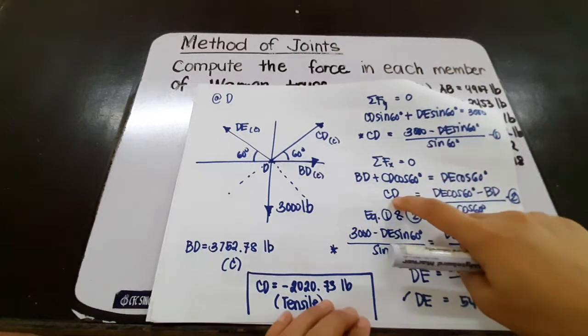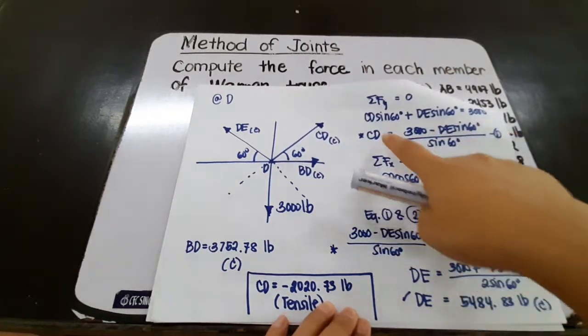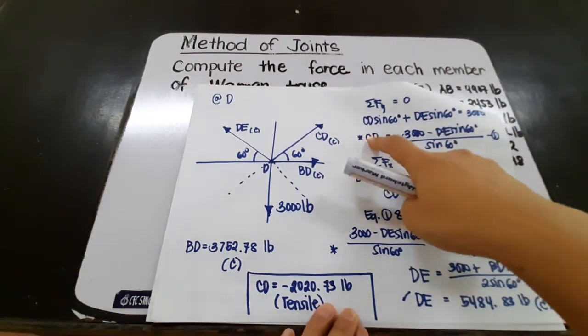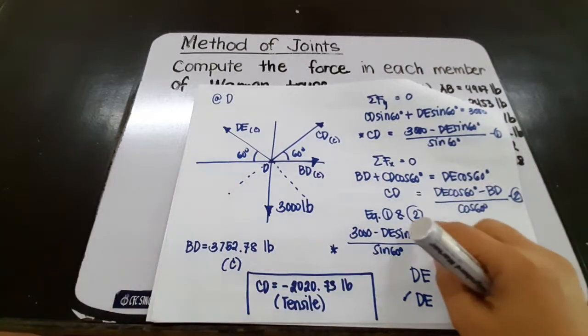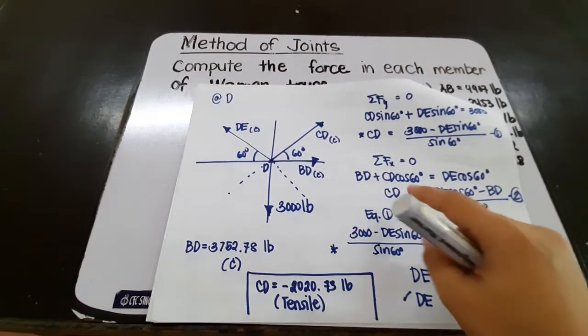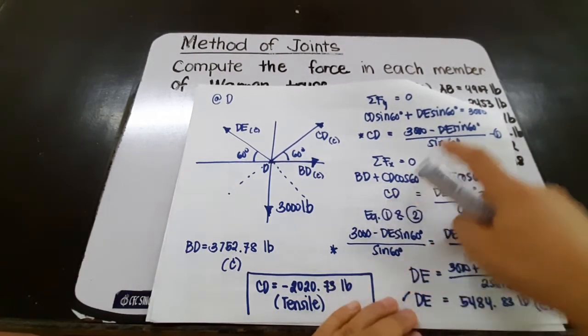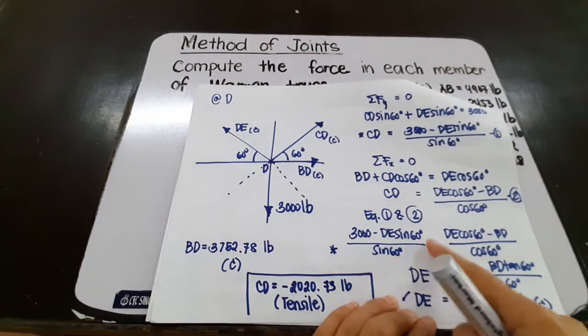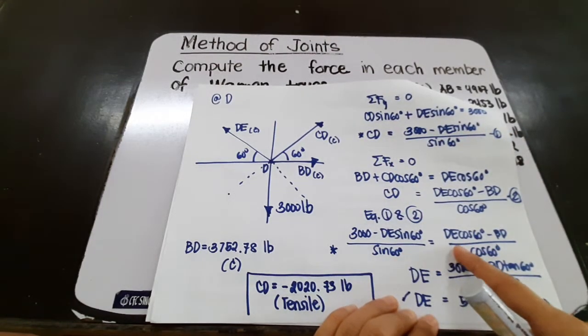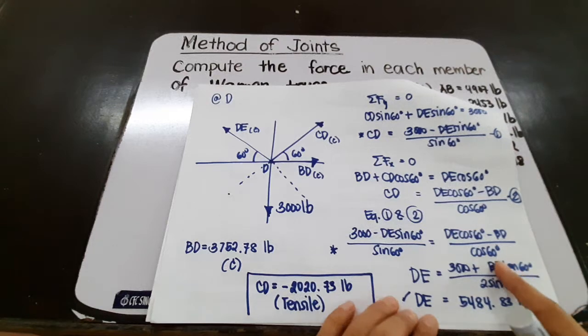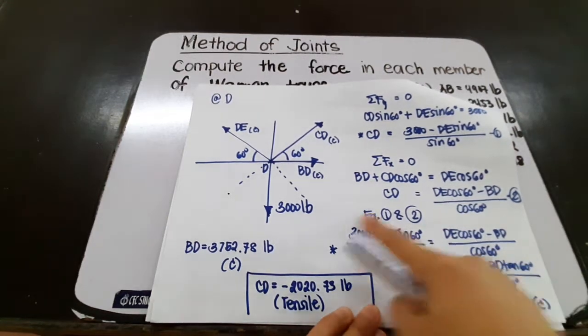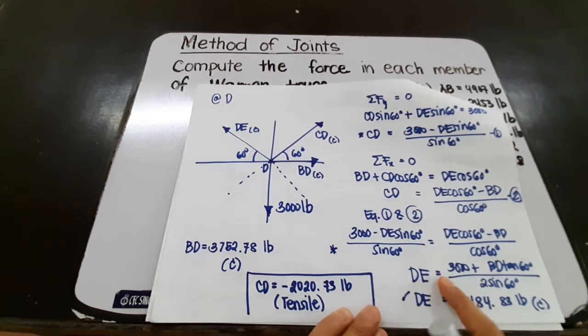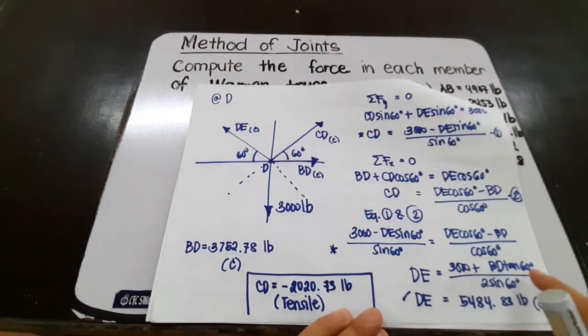We can equate these two since we have separated the variable CD, the unknown CD. So we equate 3,000 minus DE sine 60 over sine 60 to DE cosine 60 minus BD over cosine 60.